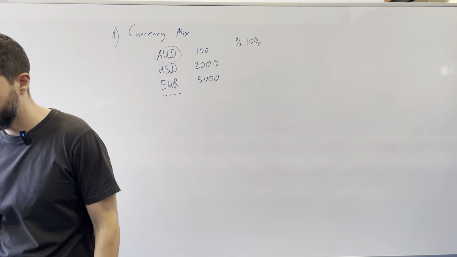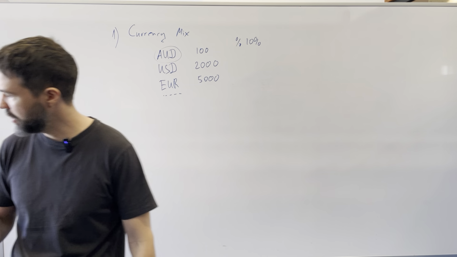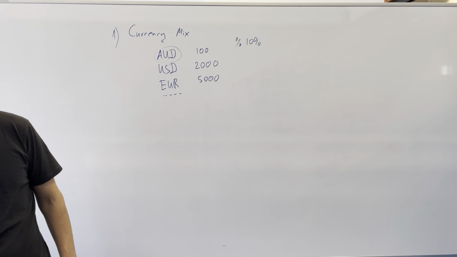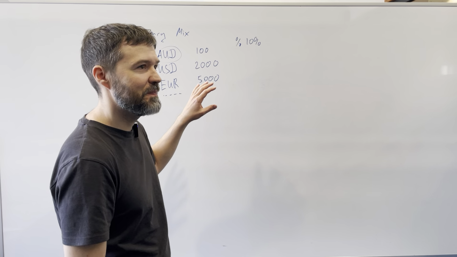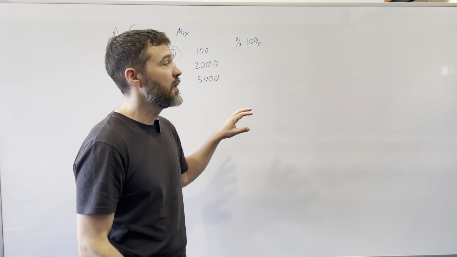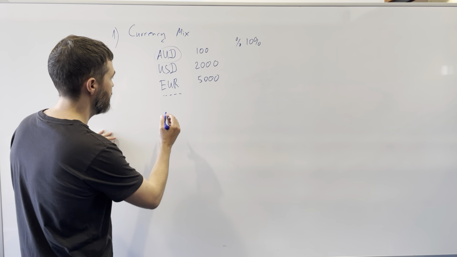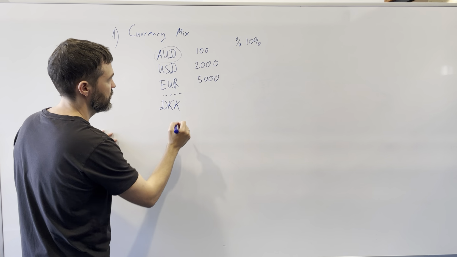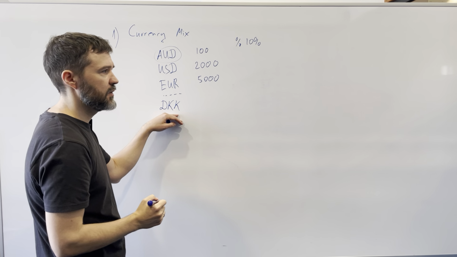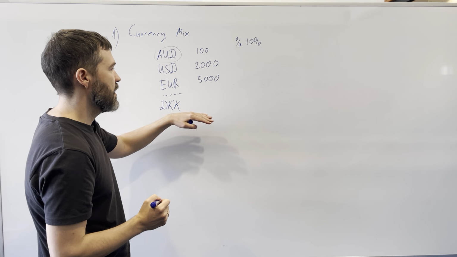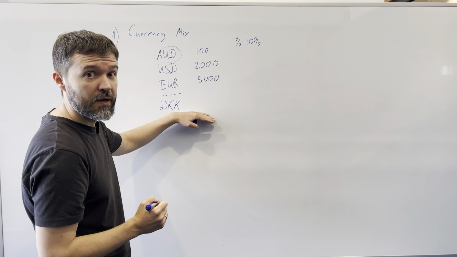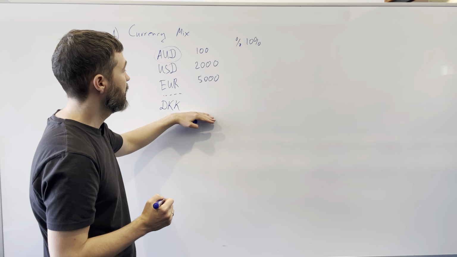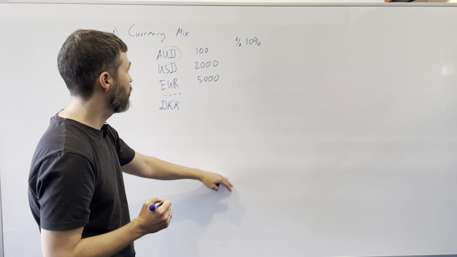What are the other questions you potentially should ask yourself? Okay, that's a good one. I always keep forgetting about these, but sometimes you have currencies like Danish Krone, and there are other currencies like this that are politically linked to other currencies.